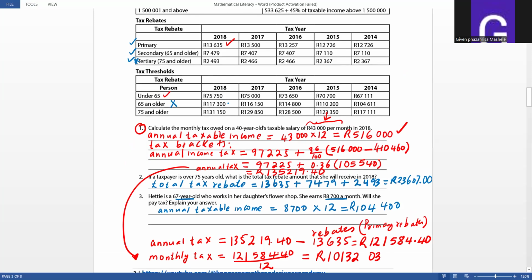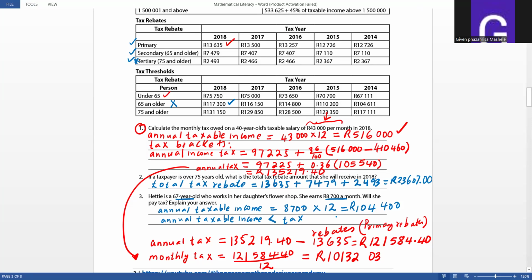What is the tax threshold? It's 117,300 rand. You can easily see that her annual income is less than the tax threshold. It is below the tax threshold.